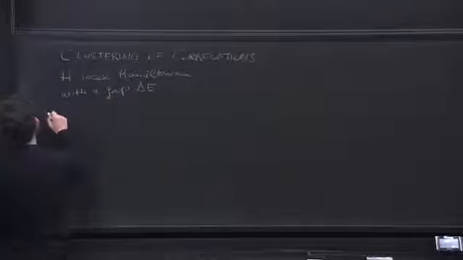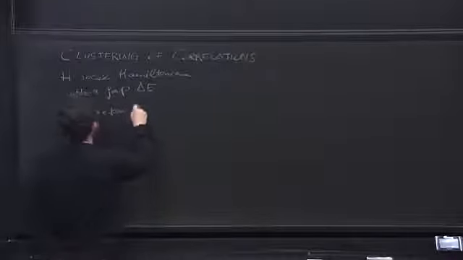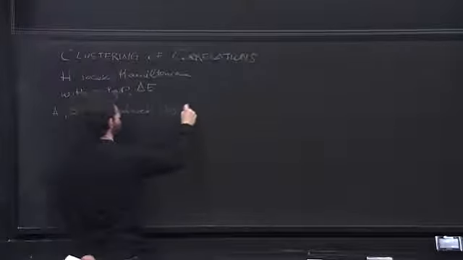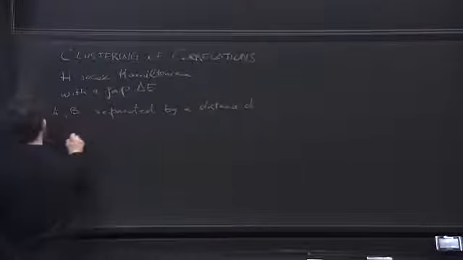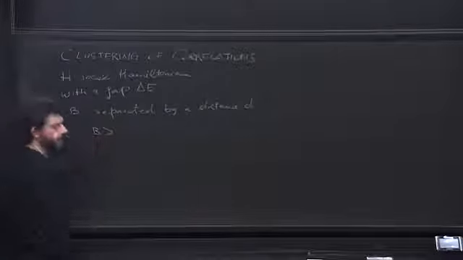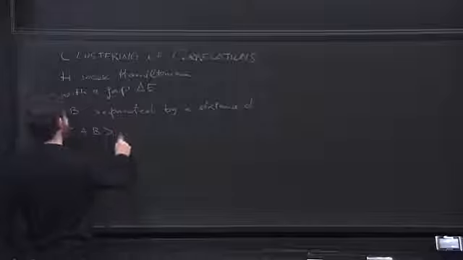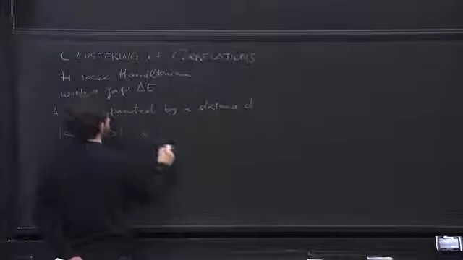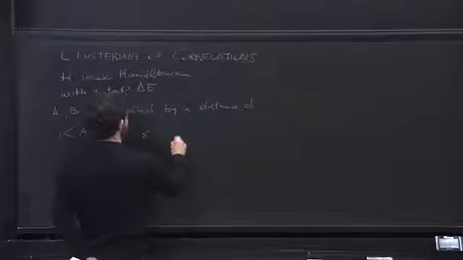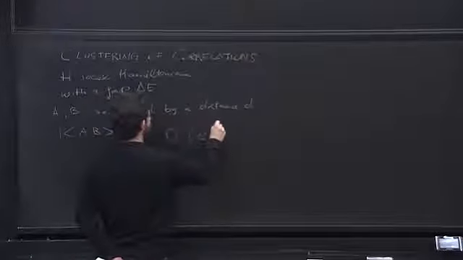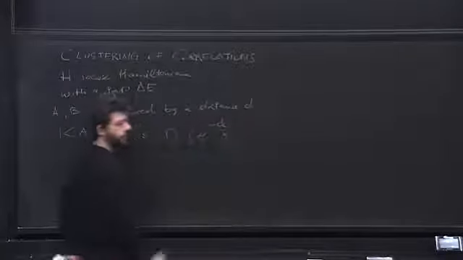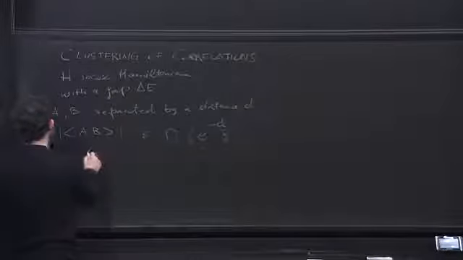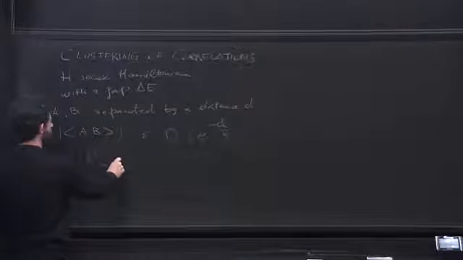Then if you consider two observables, A, B, separated by a distance d, then the correlation functions of AB decay like order of e to the minus d over xi, where xi is in some way related to the gap.